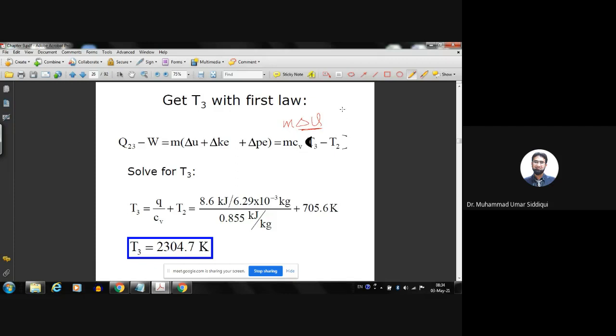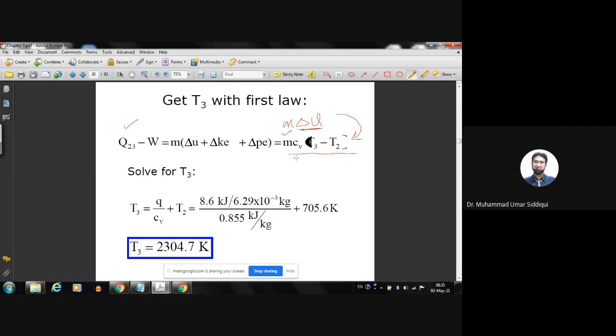Again, this formulation can only be used for the cold air standard assumption or the constant specific heat case. Since here we have the cold air standard assumption, we're going to use this methodology. Here we already know what is Q, and we already know the mass.